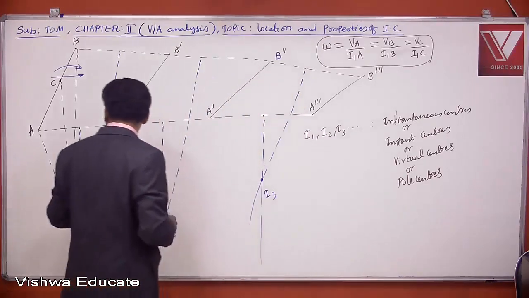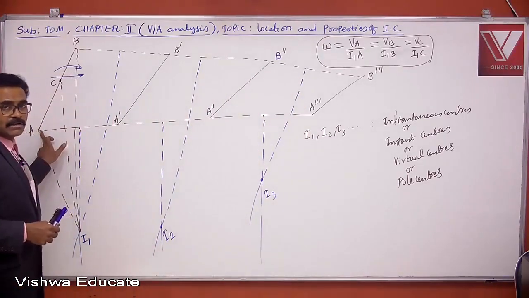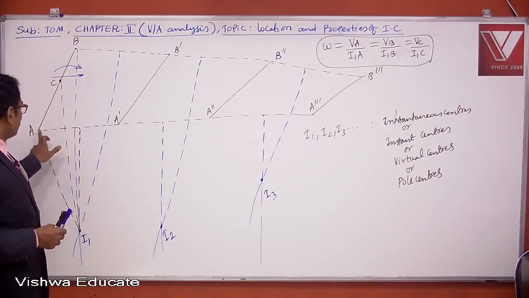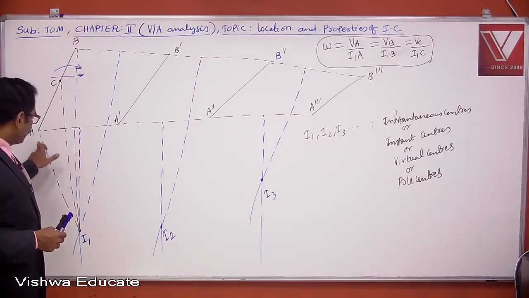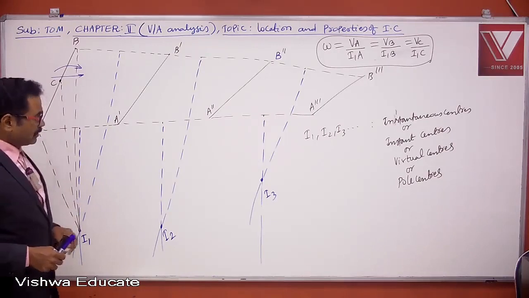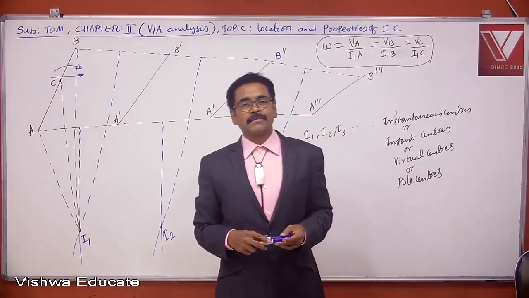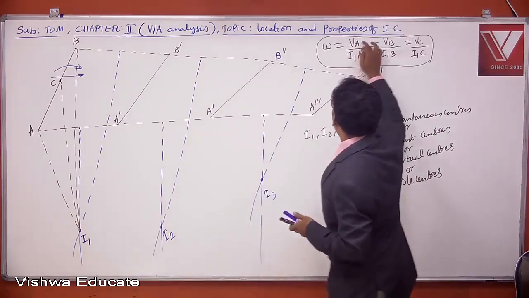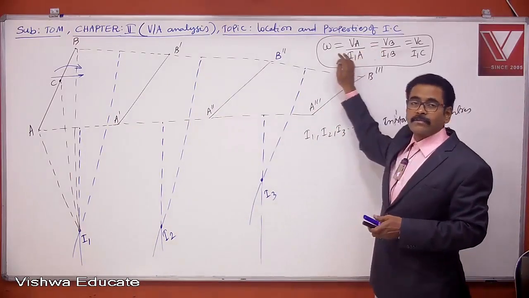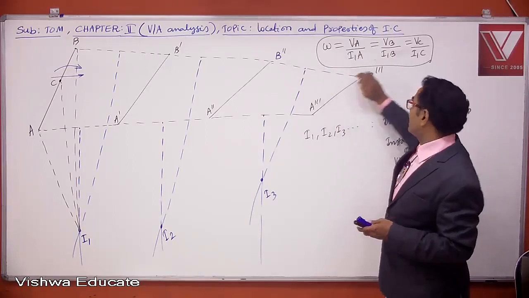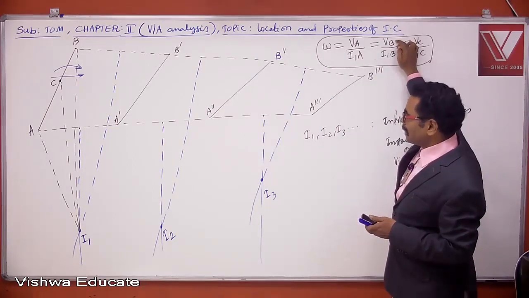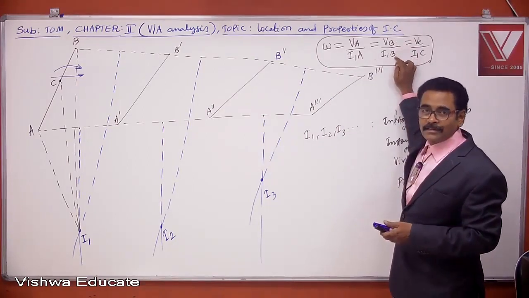So here, this point is carrying velocity of A, for example: velocity of A by radial distance. I1A is the radial distance of A. So linear velocity by radial distance gives you angular velocity. Similarly, linear velocity of point B by radial distance.